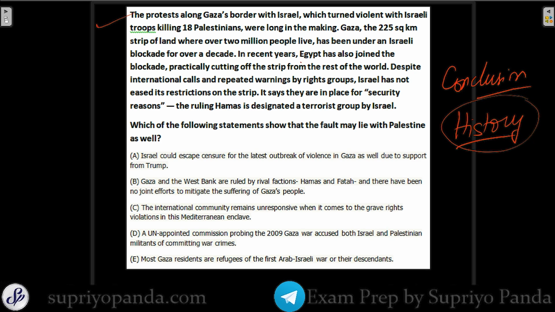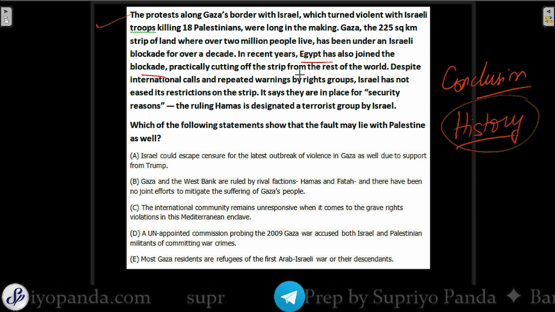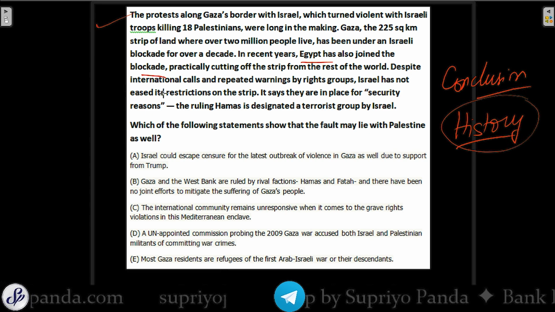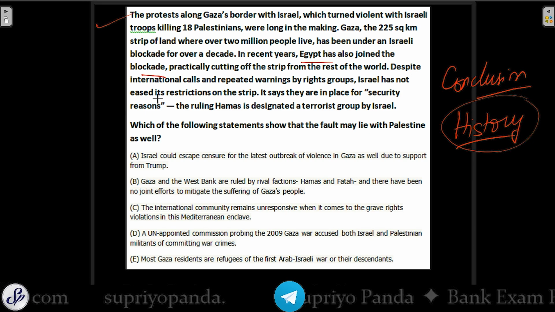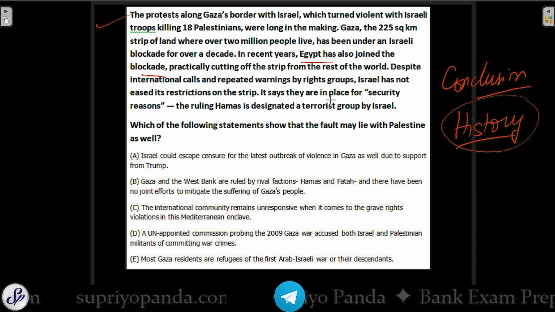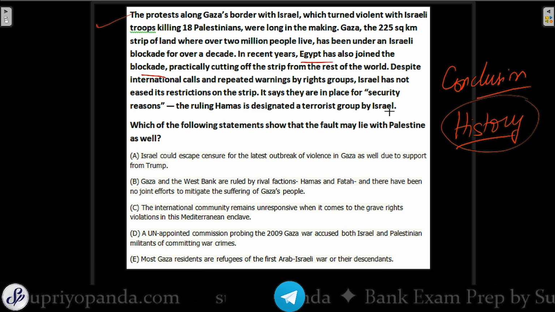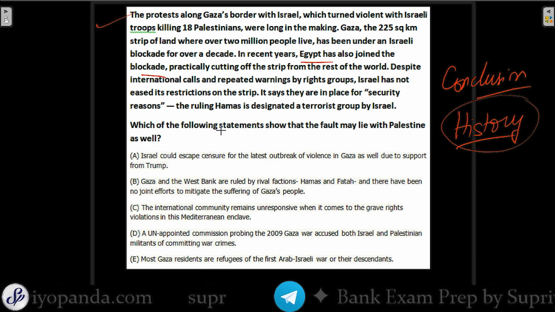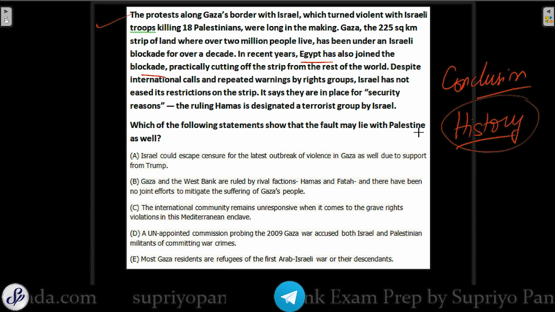In recent years, Egypt has also joined the blockade, practically cutting off the strip from the rest of the world. Despite international calls and repeated warnings by rights groups, Israel has not eased its restrictions on the strip. It says that they are in place for security reasons. The ruling Hamas is designated a terrorist group by Israel. Okay, so which of the following statements show that the fault may lie with Palestine as well?